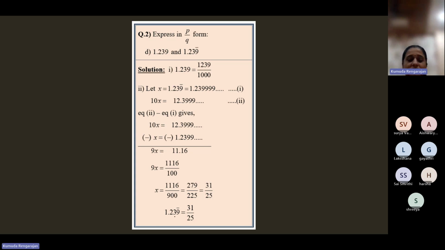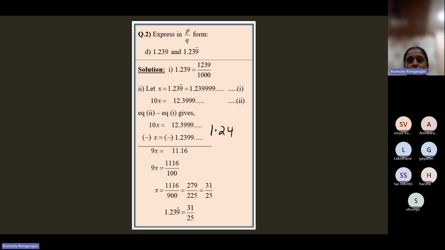This happens in cases where we have 9 recurring in the end. This will happen in all the cases where 9 repeats, like 1.239 recurring, because it's rounded off to the next number, and that way it looks like a terminating decimal.